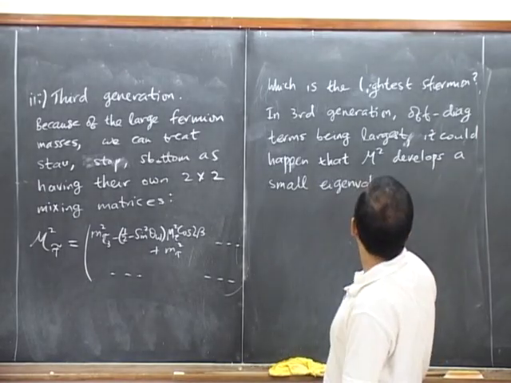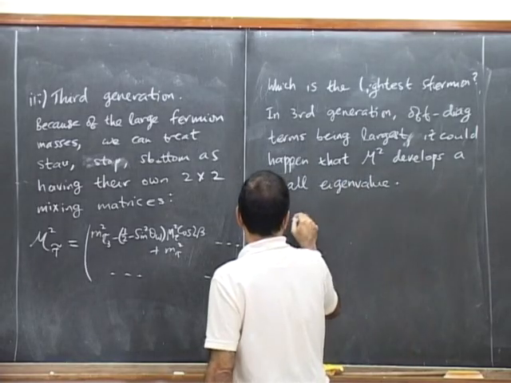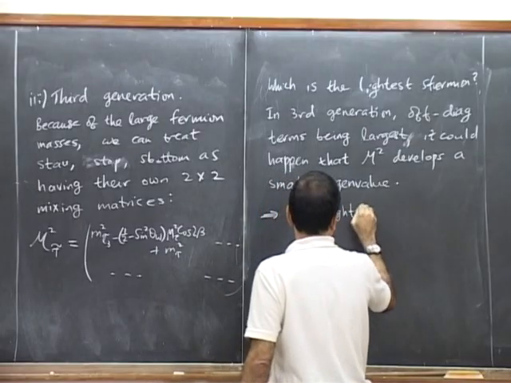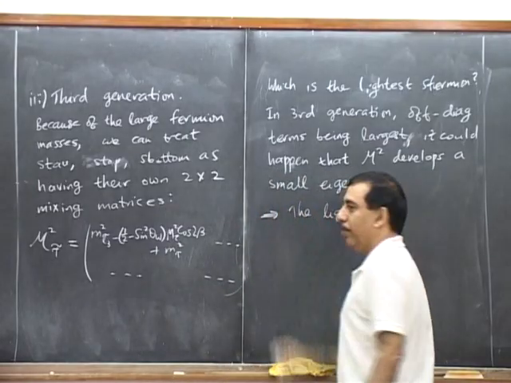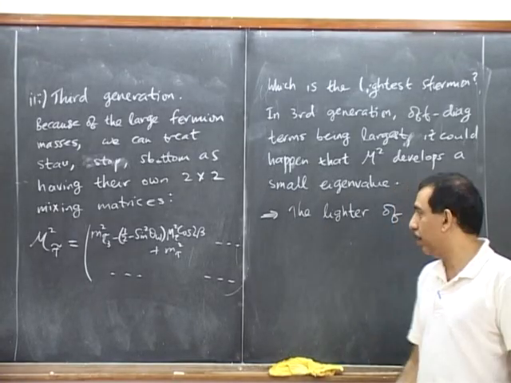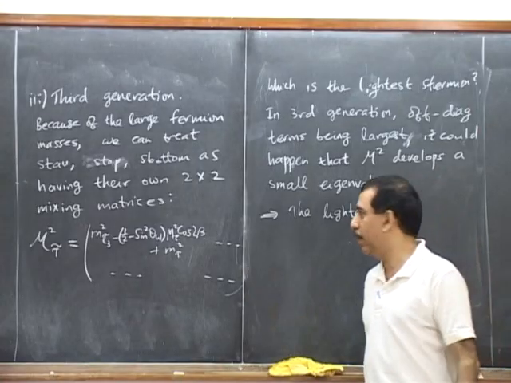So, off-diagonal terms being largest. So this implies that every fermion will have a lighter and a heavier particle, being the eigenstates developed from the left and right, if we just ignore intergenerational mixing.